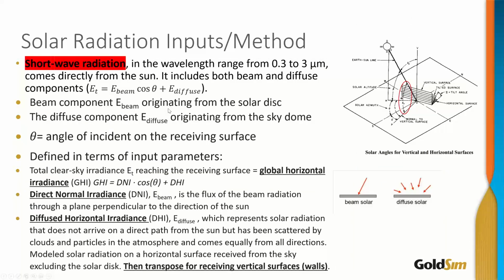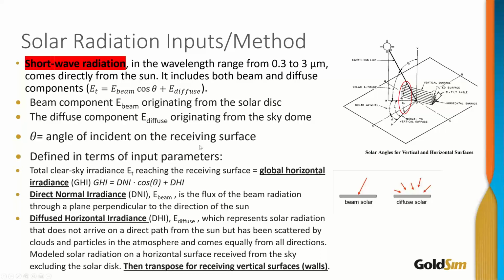The beam originates from the solar disk, and the diffuse energy originates from the sky dome. And the angle is the angle of incident on the receiving surface. If we look at this figure on the right, we can see that it depends on whether it's a vertical orientation or a horizontal orientation.